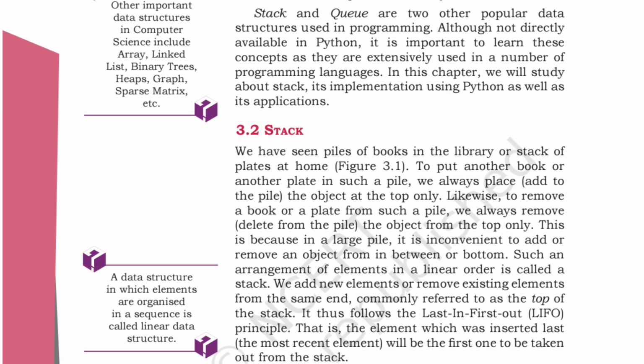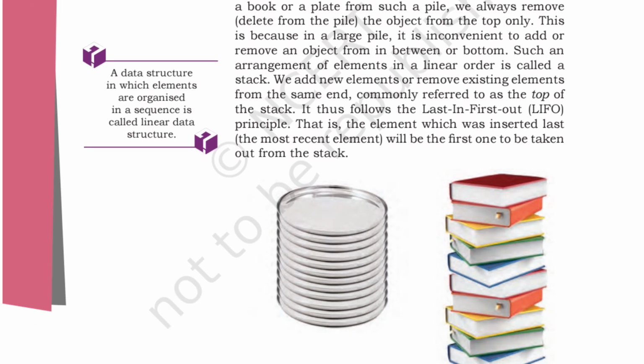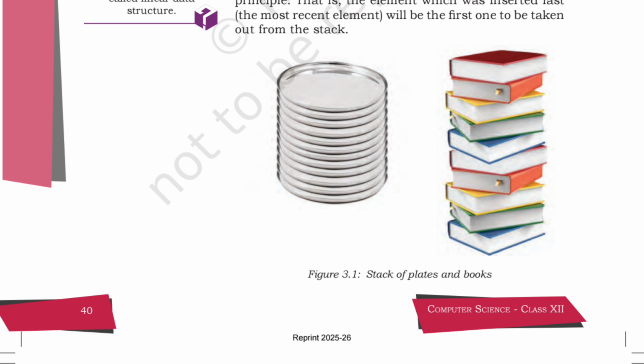We have seen piles of books in the library or stack of plates at home. We are going to see what is exactly this stack of plates. These are the stacks of plates, means different numbers of plates are placed on one another, and we can count those plates.